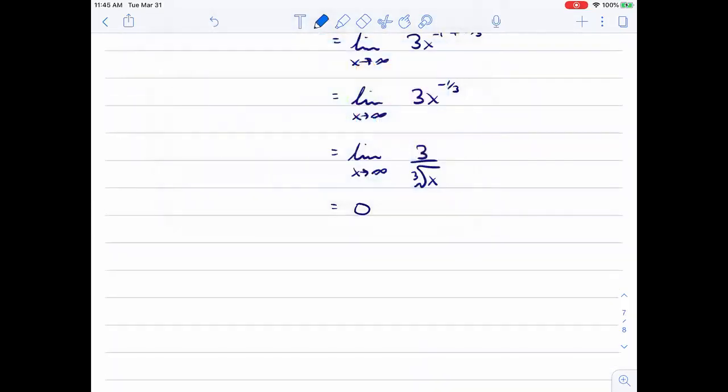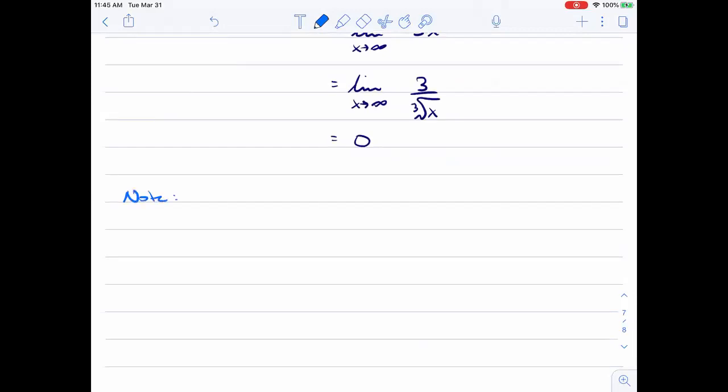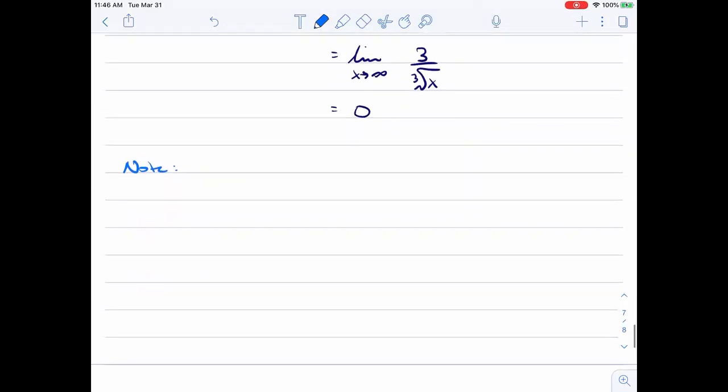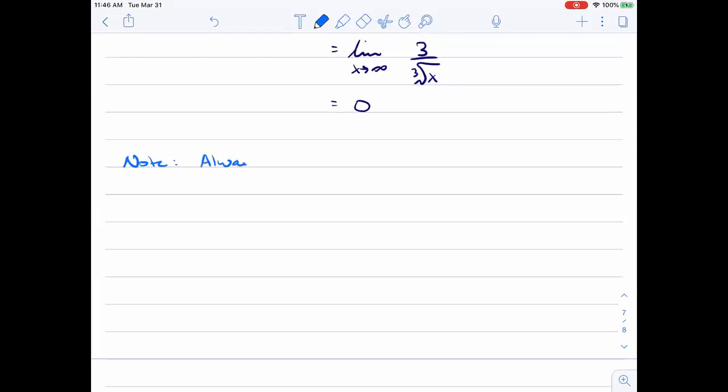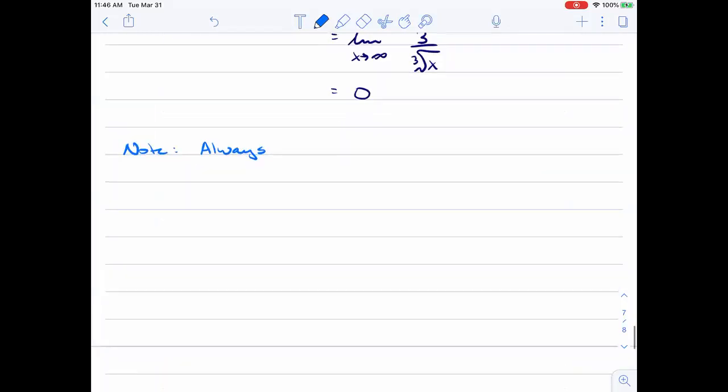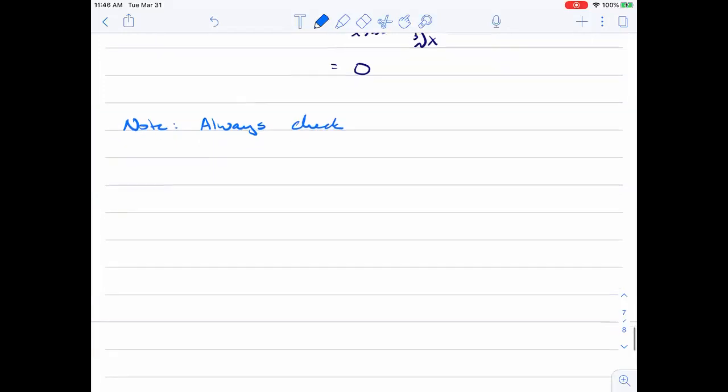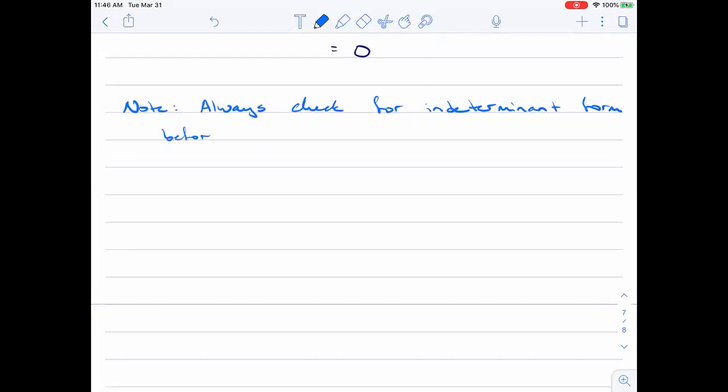One thing to note: always check for the indeterminate form before applying L'Hopital's rule, right?